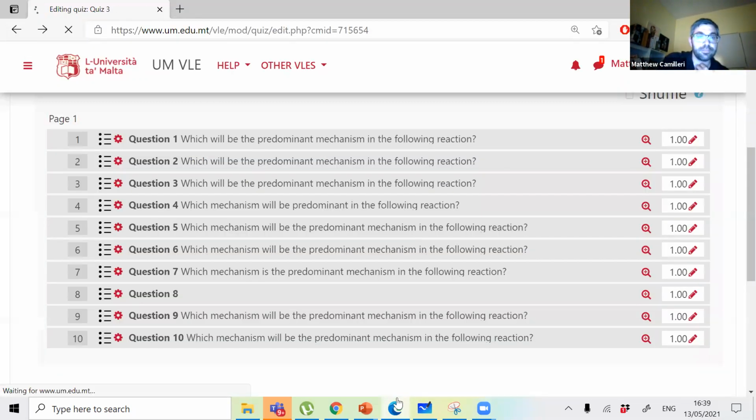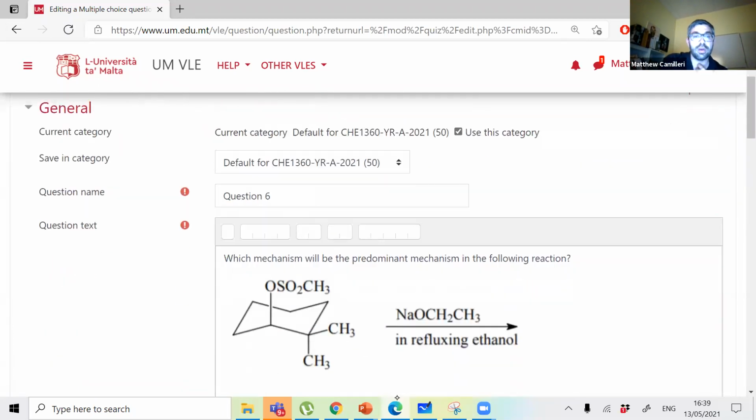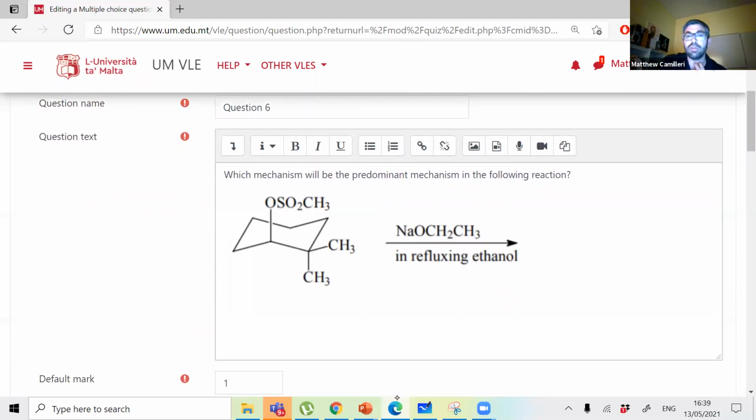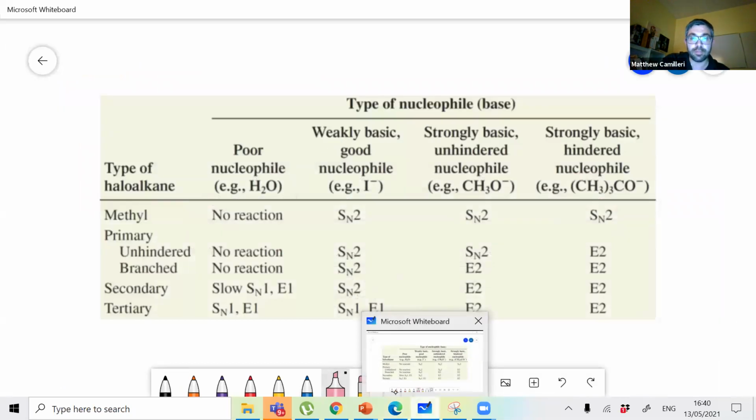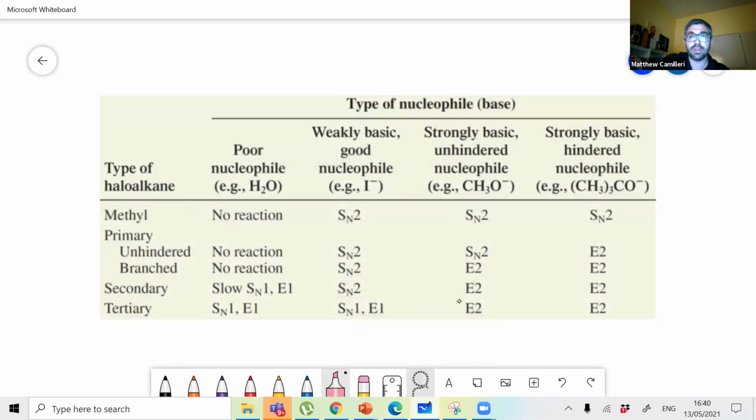Question 6. Here you had, again, a good leaving group, a strong base, but this was not a hindered base. A strong base but unhindered would favor SN2. Sorry, apologies. If we look at the table, secondary, strong, basic, unhindered, it will be E2.